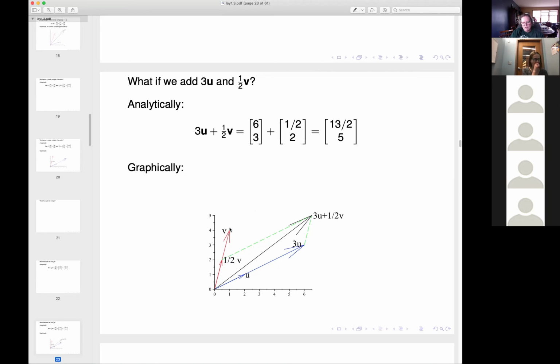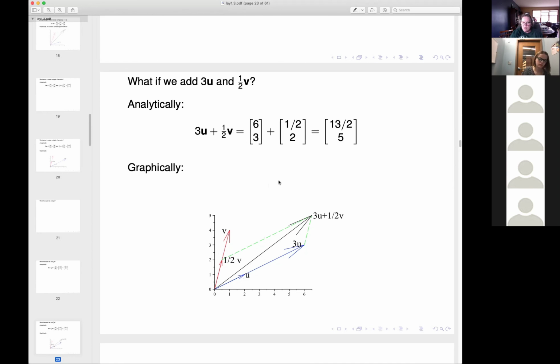And so you can imagine that if you pick any multiple of each of these and then add them together, you're going to get some vector that's in this area, right? If you think of u and v as defining a cone, like an ice cream cone, right? So we go out all the way this way with u and up this way with v, then we end up with this ice cream cone shape here.